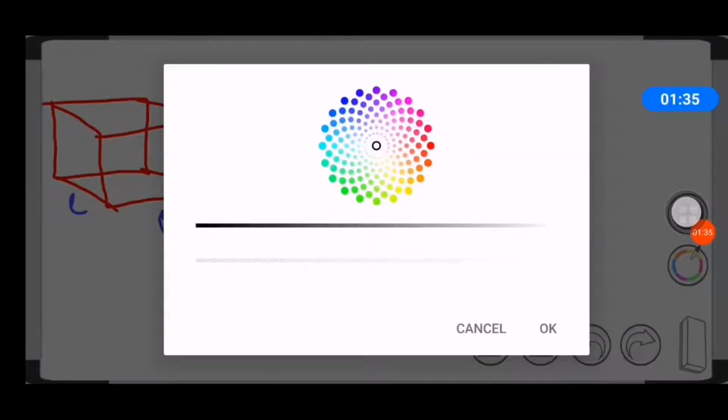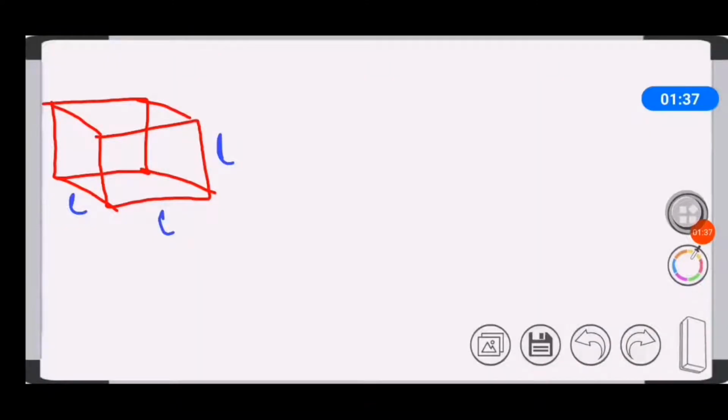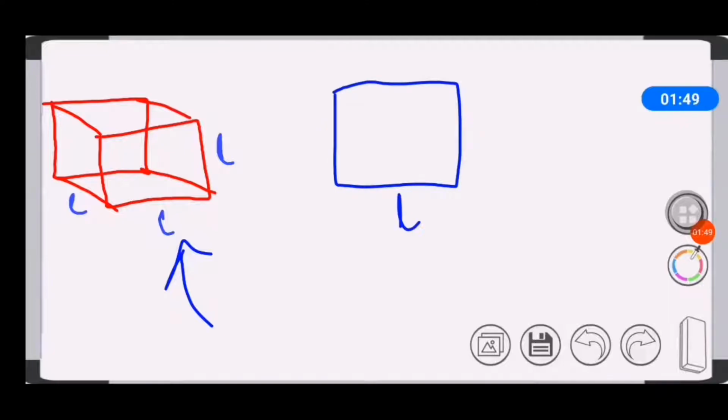We add them together. So let's come up with a formula, a way that we can do this. Now, if we are looking from this angle, if this is our front face, it is L this side and L, or side and side. What will be the area of that face?